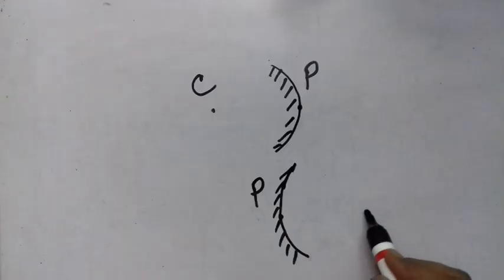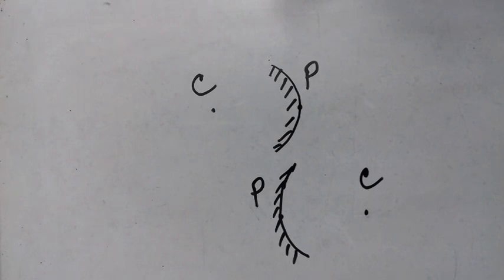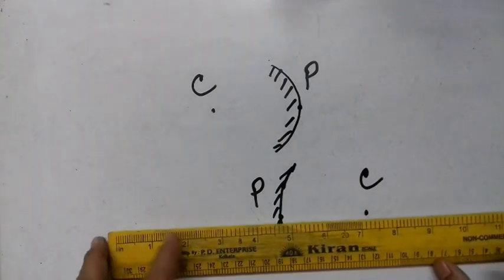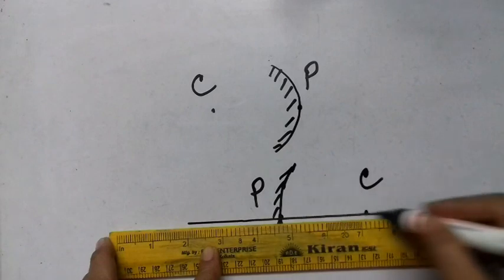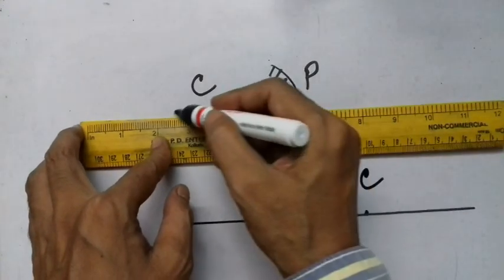Similarly here, suppose the center of curvature. The line passing through the pole and the center of curvature is called the principal axis.